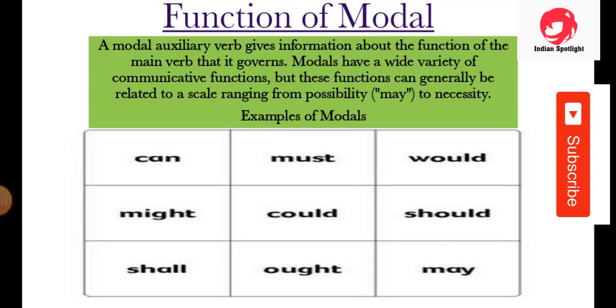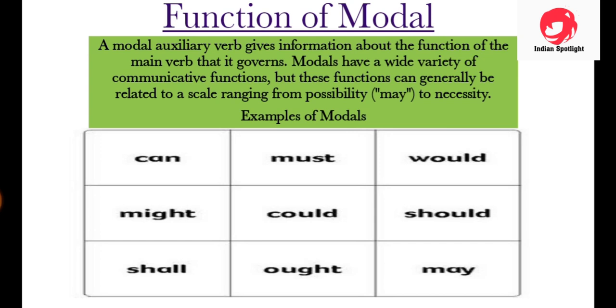Let's have a look at the functions that a modal can play in a sentence. A modal auxiliary verb gives information about the function of the main verb that it governs. Earlier in this video, I said that the important role a modal plays is telling the mood and manner of the main verb.